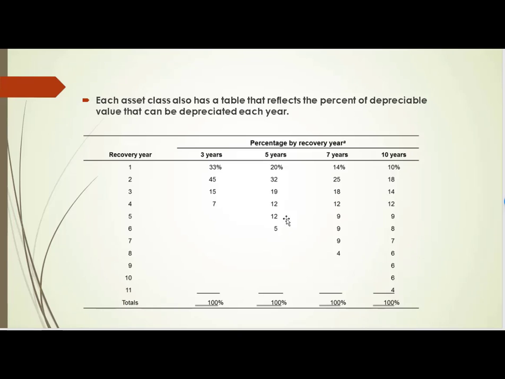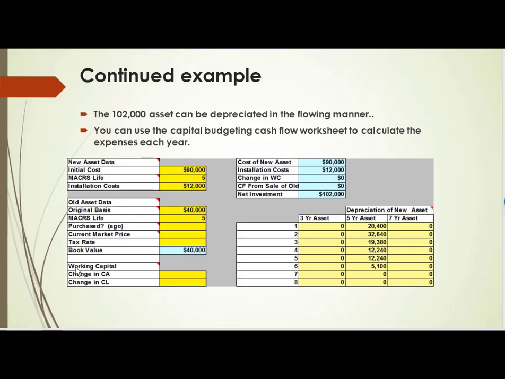A 5-year asset is depreciated over 6 years. This extra year is a half year. So this first year, it's really only a half year's depreciation. This last year is the last year. So we have a half year, full year, that's 1.5, that's 2.5, that's 3.5 years worth of depreciation. So don't get fooled by thinking that a 3-year asset's only depreciated for 3 years. It's actually depreciated for 4 years based on what's referred to as the half-year convention.